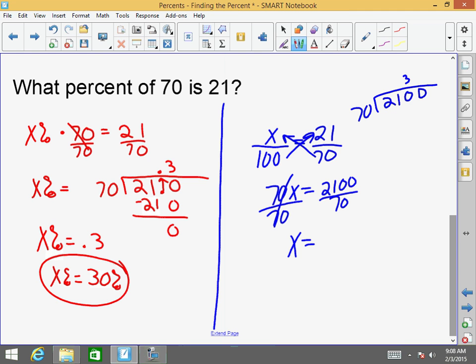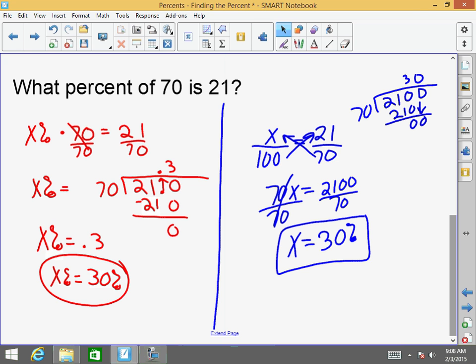That's 3. Drop down a 0. That's 0. 30%. And you do not have to move any decimals. It is completely and totally up to you. Your choice.